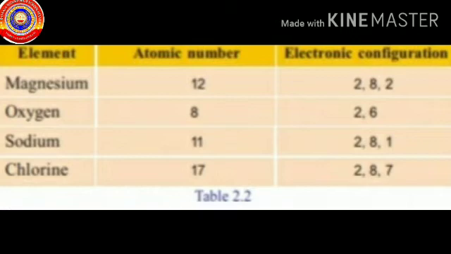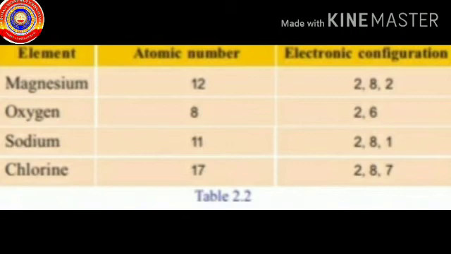Now you know that atoms acquire stability by attaining an 8 electron configuration in their valence shell. So how do these atoms combine together? Maybe because of the presence of some attractive forces, right? There exists a force between these two atoms which holds together the atoms in a molecule.